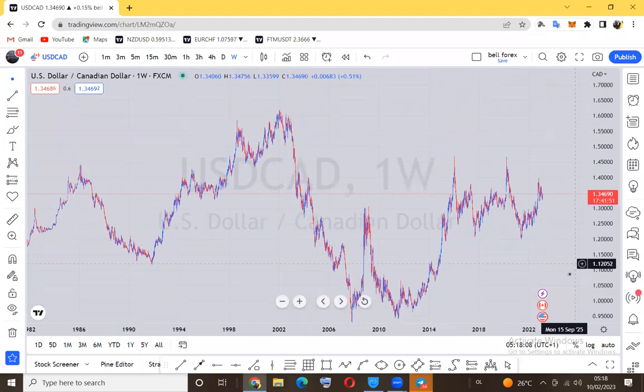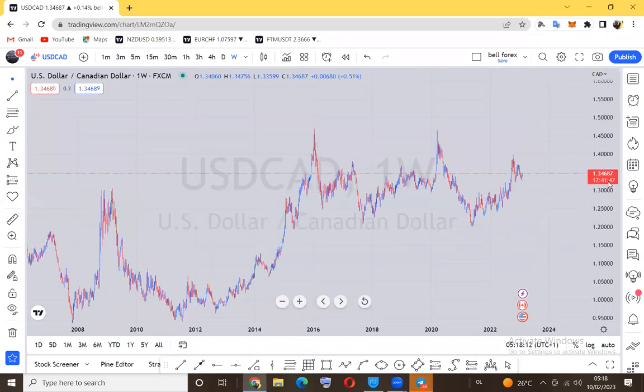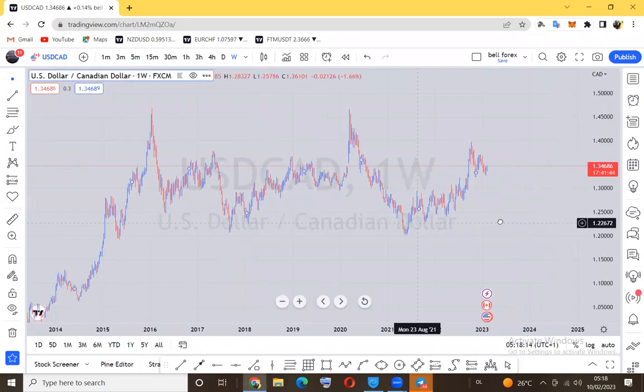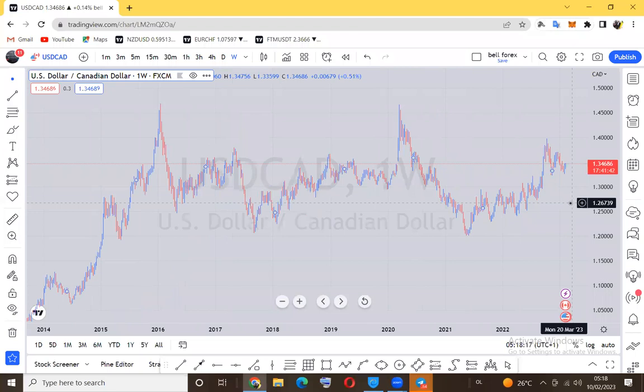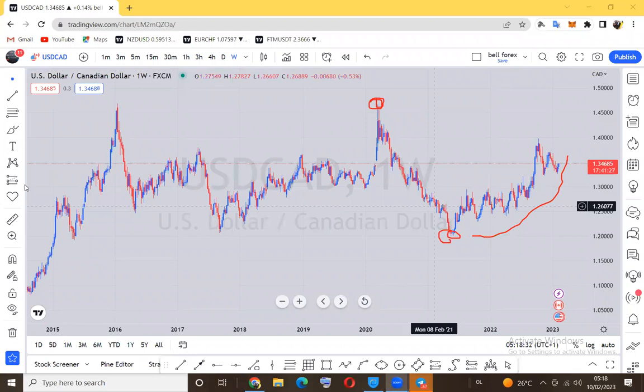If I go to the 1 week chart, and I want to look at the last biggest wave, then I will see that the last biggest wave for this market was this wave that started up here like that and came down here. And in the case of doing my observation, I see that the current wave is this one.